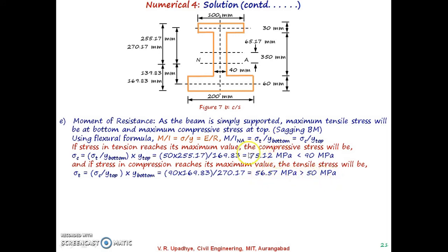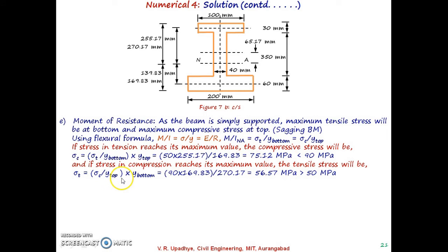So with these two calculations, what we can conclude is, suppose load is W, if you start loading that beam and the load value is such that it reaches the permissible tensile stress, at that position the compressive stress getting developed is 75.12 and it is lesser than the permissible compressive stress, that is 90 megapascal.